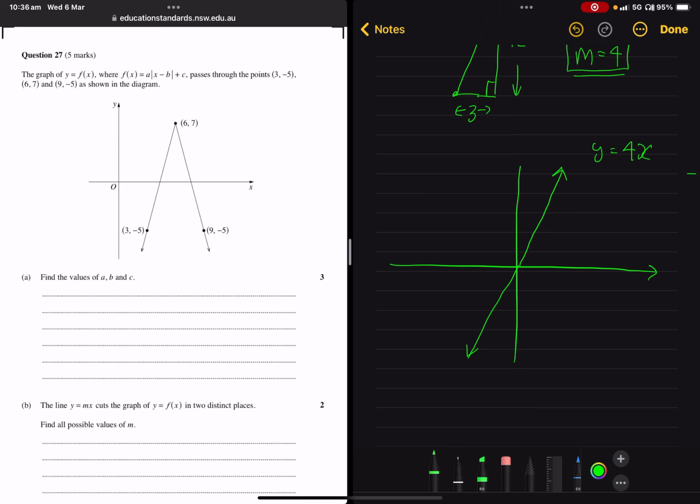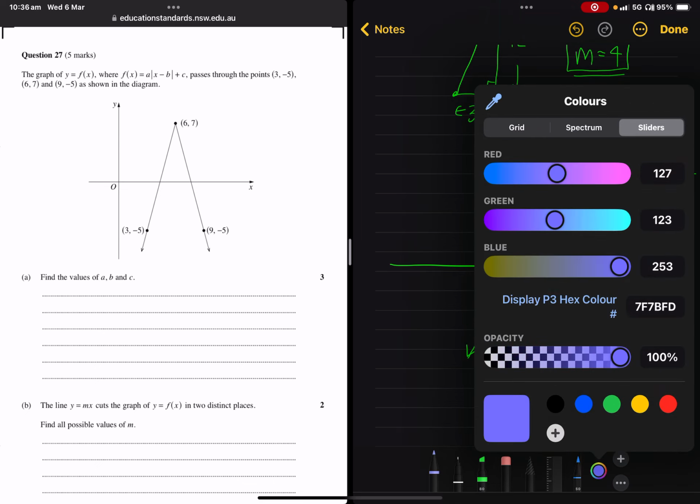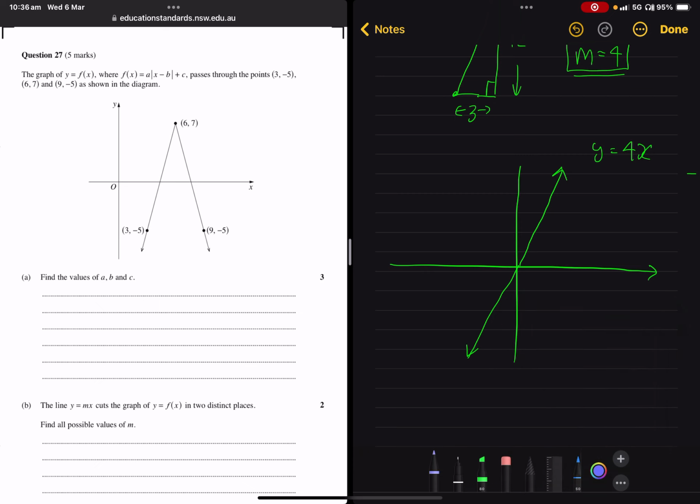If we then take a slight variation of this function, so let's pick purple, and say y equals the absolute value of 4x, this is going to be this function, but up on both sides. Whenever you take an absolute value of a function, it takes any of the points that were below the x-axis and reflects them up. So now we have a template shape.